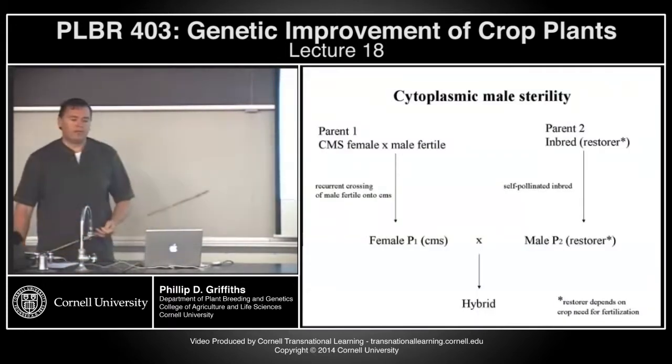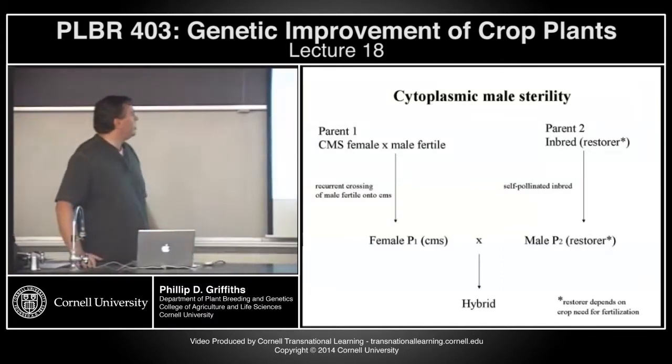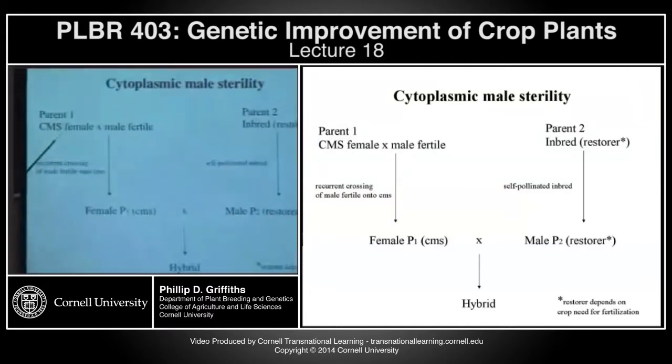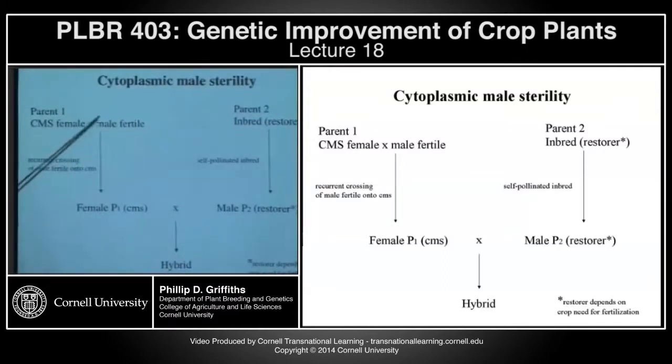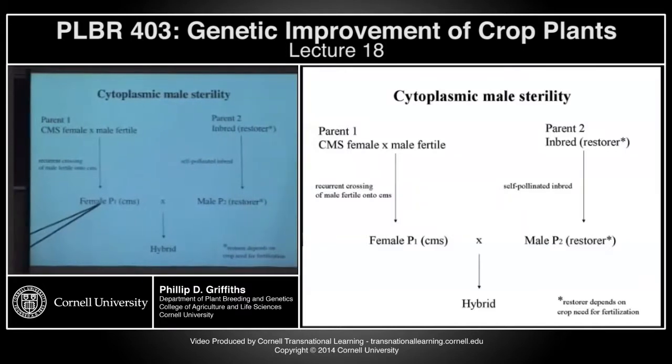In the case of cytoplasmic male sterility, we basically develop the seed parent, or the female parent, which is cytoplasmic male sterile. So we have to keep recurrently crossing and pollinating onto that seed parent to produce an inbred that has male sterility.